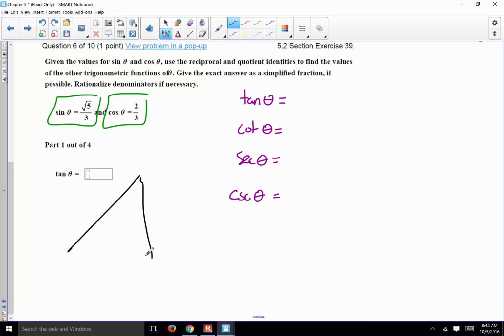Don't use this triangle, don't cheat. You can do this by triangle, but don't do that. Use the relations you just learned.